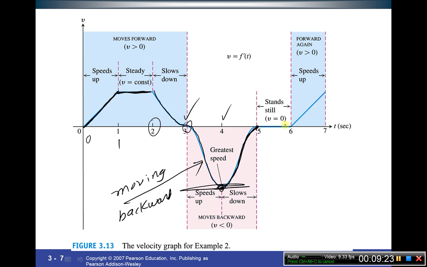And then between 5 and 6 seconds, the velocity is 0, and so the body is basically standing still. And then in the last second, between 6 and 7 seconds, it speeds up again and begins to move forward. So one of the things you need to be able to do is to interpret a graph like this.